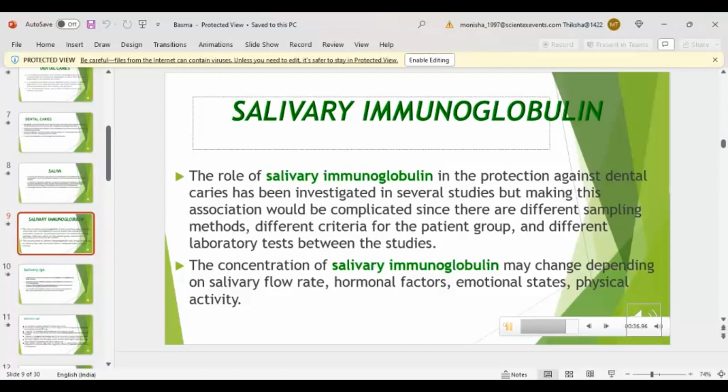So the concentration of salivary immunoglobulin may depend on the salivary flow rate, hormonal factors, emotional factors, and even physical activity.